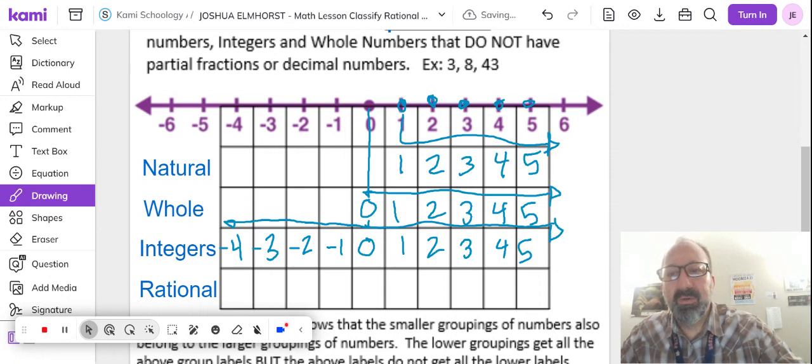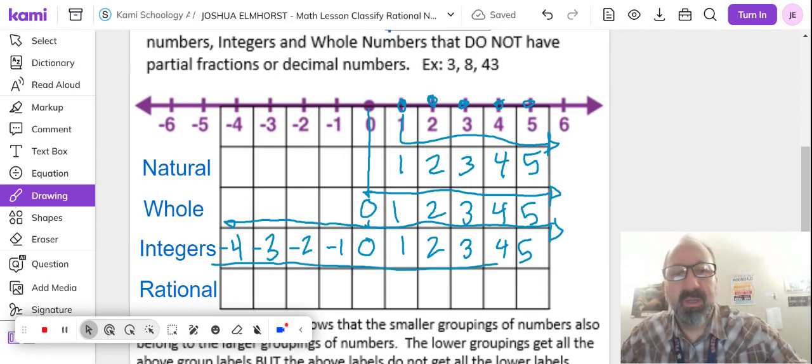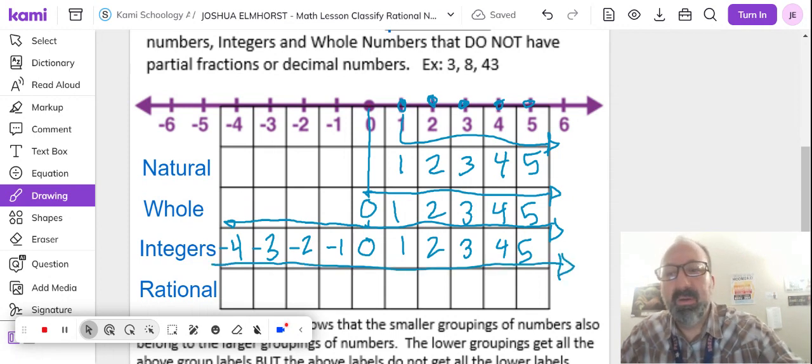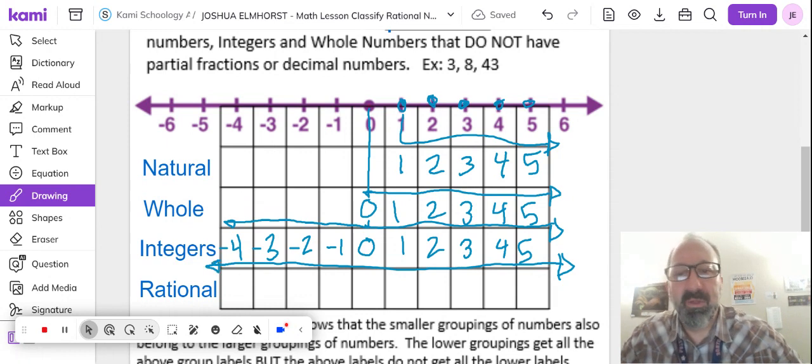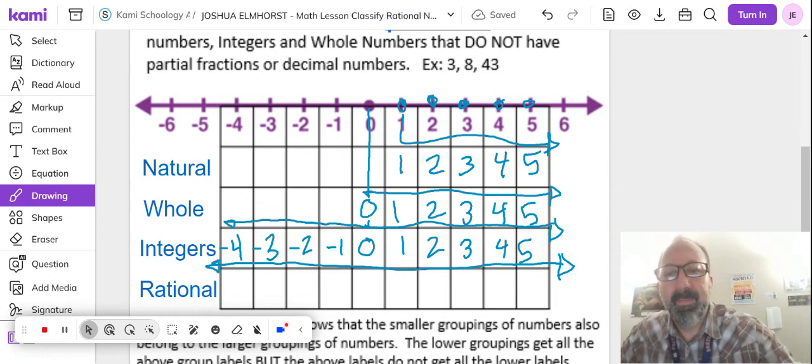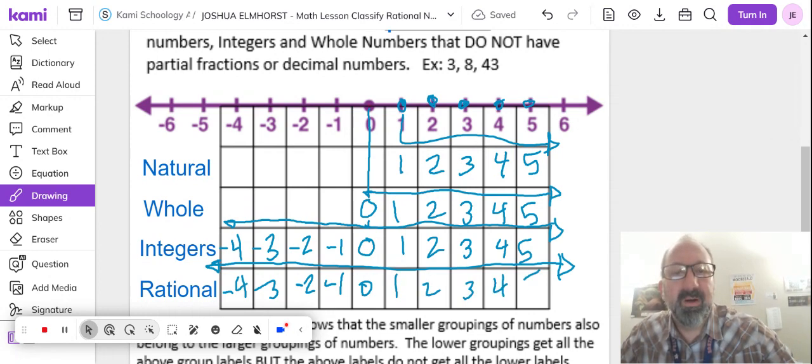And then rational numbers is going to include everything on this number line that can be defined, so there's going to be 0, -1, -2, -3, all of these, 1, 2, 3, 4, 5.